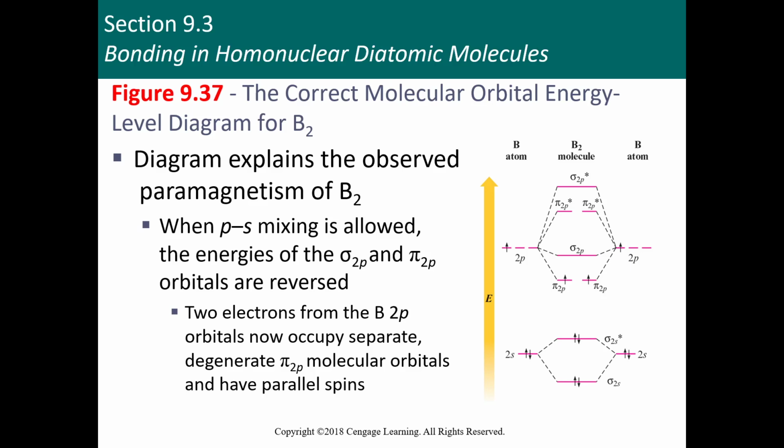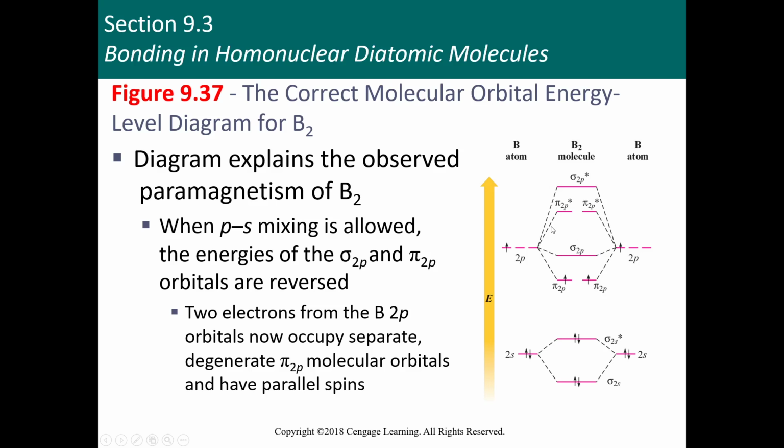And what this does is it causes the p orbitals to rearrange which are high and low in energy. So for example, when we allow the p and s orbitals to mix, and they do, ps mixing is what this is called, the sigma and pi orbitals actually flip.